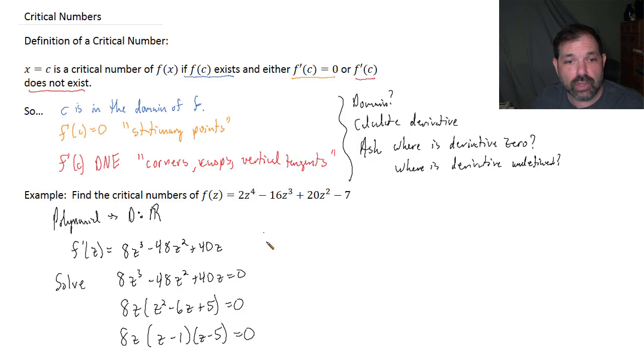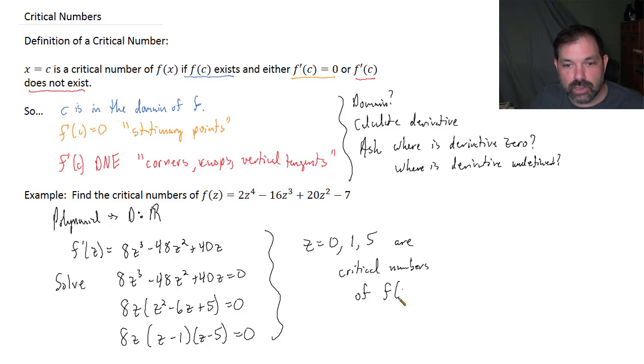So then setting each factor to 0, we would say that z equals 0, 1, and 5 are critical numbers of f of z. Those are the critical numbers of the function itself.